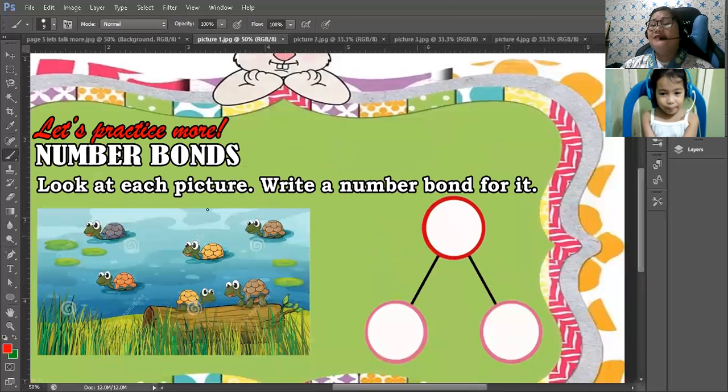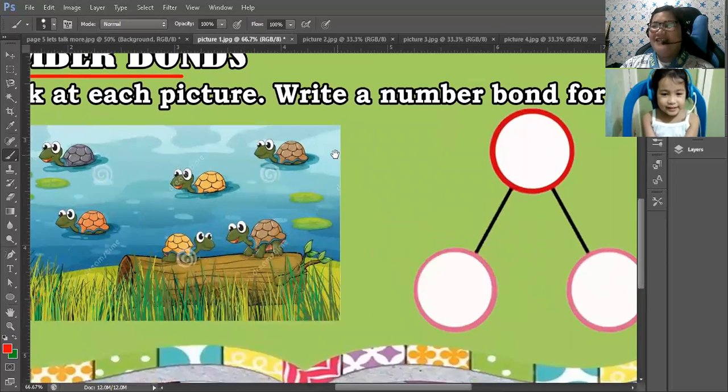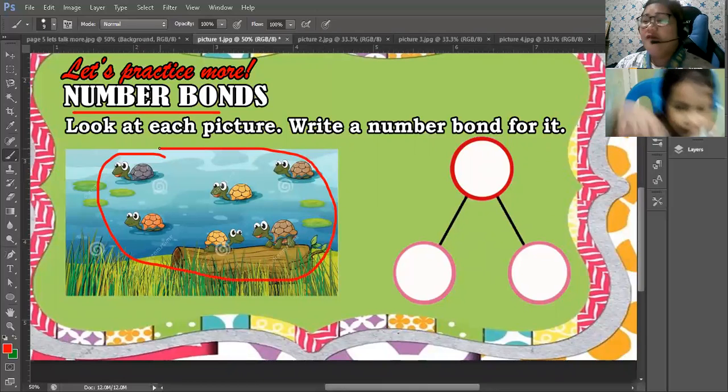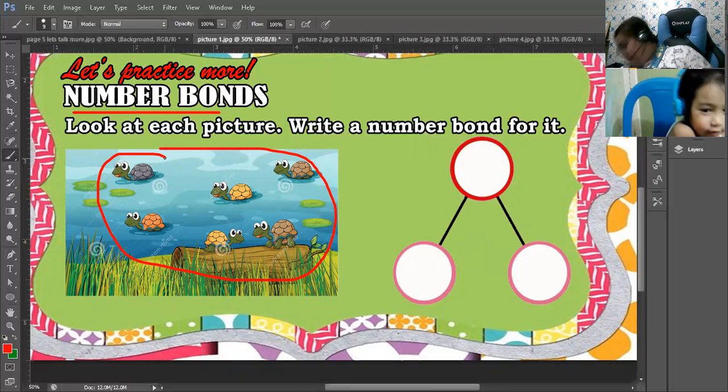Sige, this time let's learn some number bonds using pictures like turtles. All right, let's write a number bond for it. Now look at this picture, Zoe. There are two parts of this turtle.